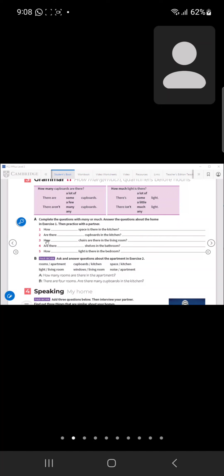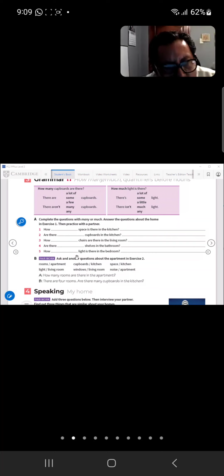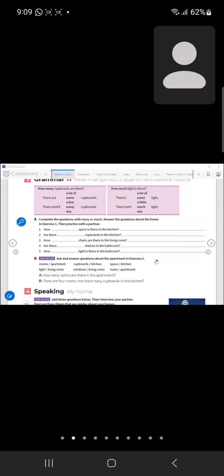Two, are there many cupboards in the kitchen? Three, how many chairs are there in the living room? Four, are there many shelves in the bathroom? Five, how much light is there in the bedroom? Repeat: how much light is there in the bedroom?